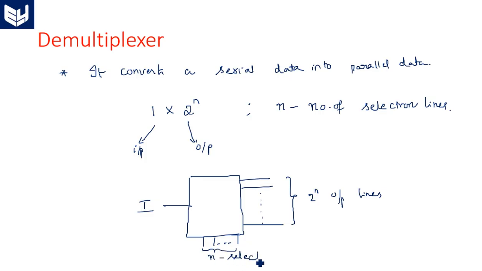The number of selection lines is common in both multiplexers and demultiplexer, but the input and output lines are reversed. This is 1/2 power n demux.